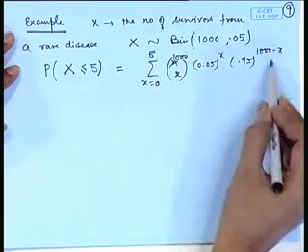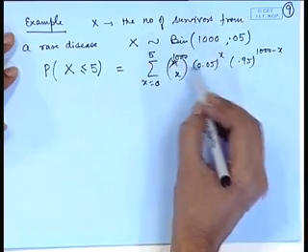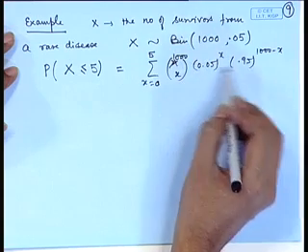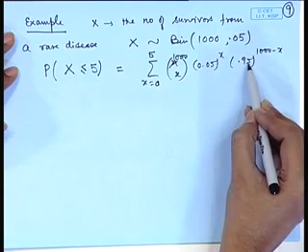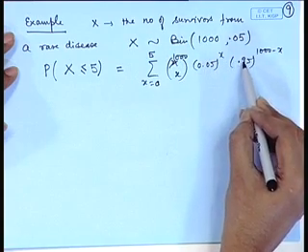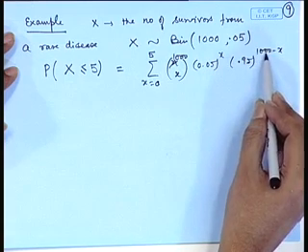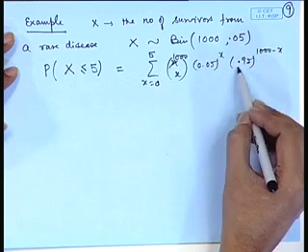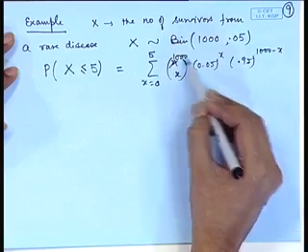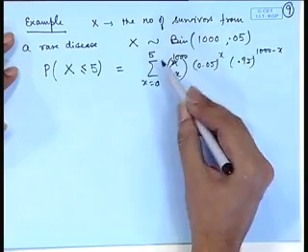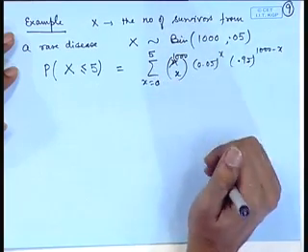So, if you observe this term, it can be calculated using certain extensive calculations, but this involves heavy approximations, because 0.95 to the power 1000, 0.95 to the power 999, etc. So, this will lead to a lot of computational errors.